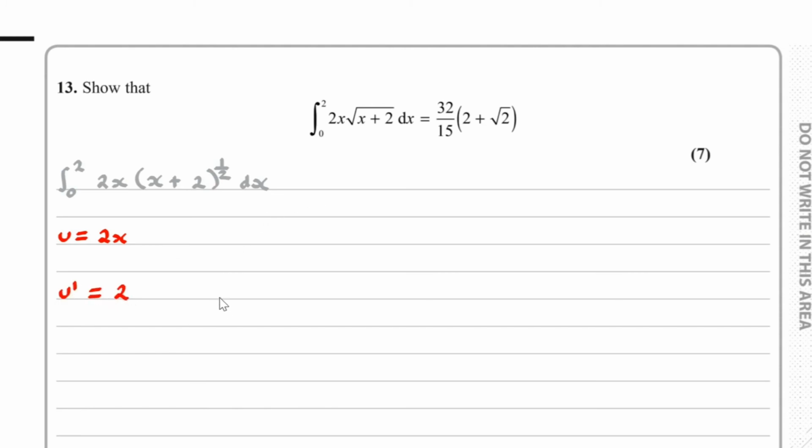We've got v dash, which is x plus 2 to the power of 1/2, and if I integrate this to find out what v is, add 1 to the power, divide by the new power, and then divide by the differential of the bracket. Well, if I add 1 to the power, I have x plus 2 to the power of 3 over 2, and if I divide by the new power, and then the differential of the bracket, which is 1, I end up with 2/3 times x plus 2 to the power of 3 over 2.